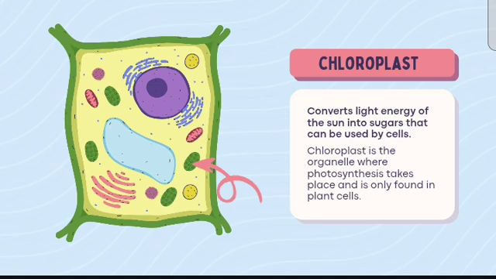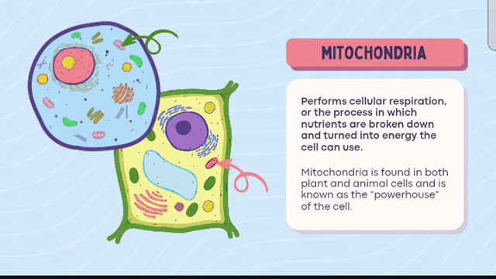Now you all just have to learn all these functions, the structural features of all these organelles and their presence, and you will have to draw an animal cell and a plant cell and try to find out the differences between them. In tomorrow's session we will discuss all these functions and differences in detail, that is, what the basic major differences are between plant cell and animal cell.